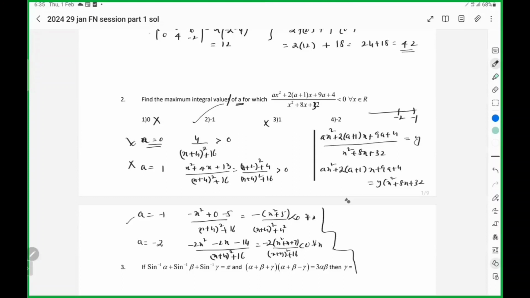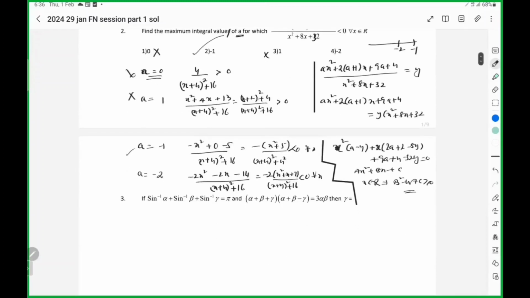Then here x square into a minus y, plus x into 2a plus 2 minus 8y, plus 9a plus 4. It's of the form ax square plus bx plus c. Since x is real, b square minus 4ac. That way you simplify, you get the range of a. Once you get the range of a, you'll get the required answer.